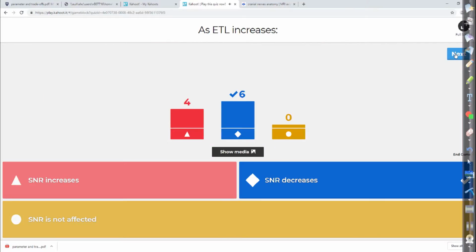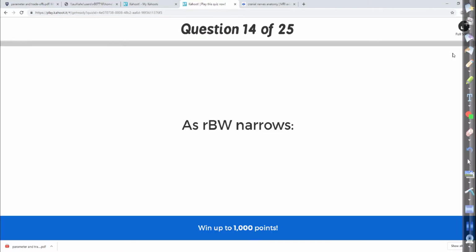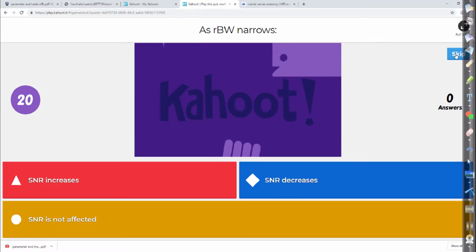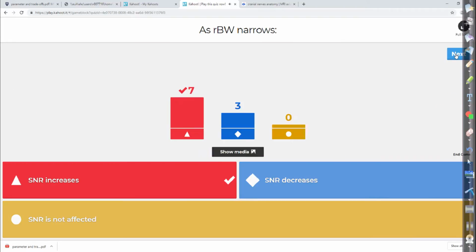Our SNR decreases because our noise actually increases. So we get more blurring on our images with higher echo train length. So our SNR decreases. Arrow. See that we're filtering out. Good.